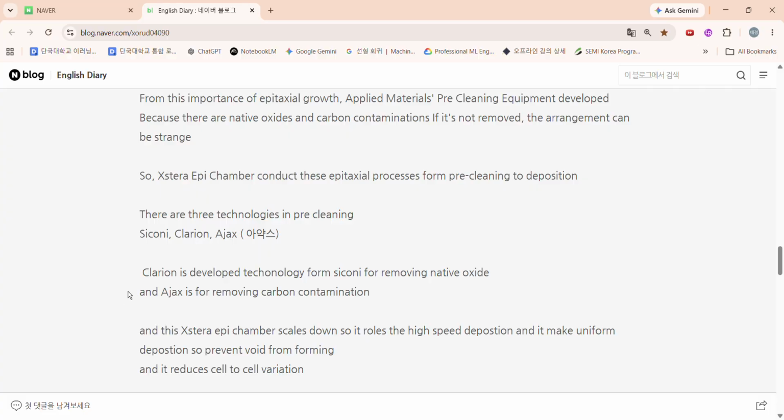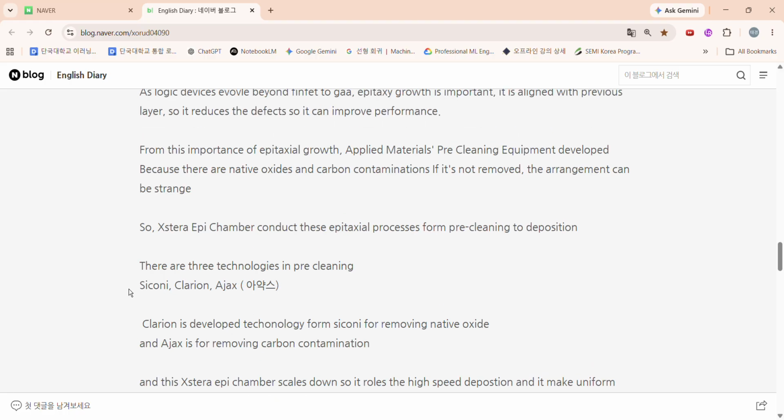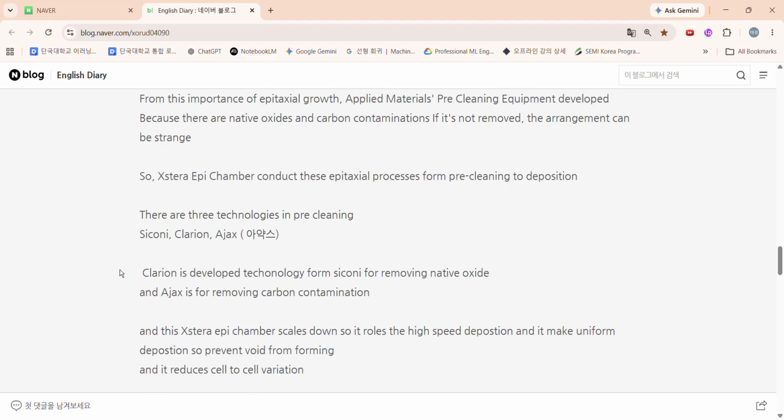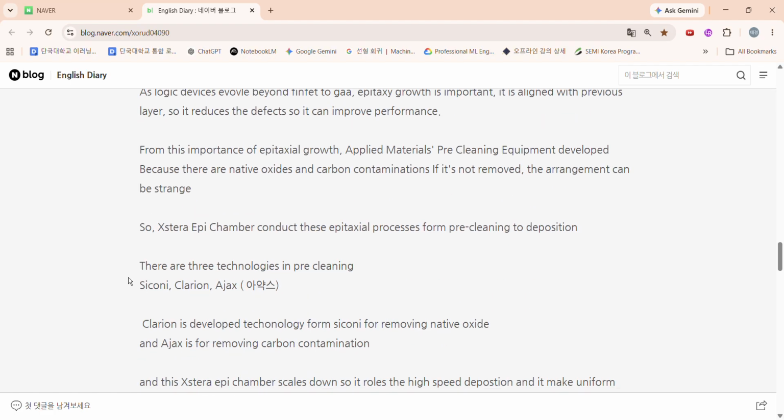And Ajax is a technology that removes carbon contamination. Carbon exists in the air, so it can form naturally. So it is a contamination too. These two technologies are used in this Centura Epi chamber.